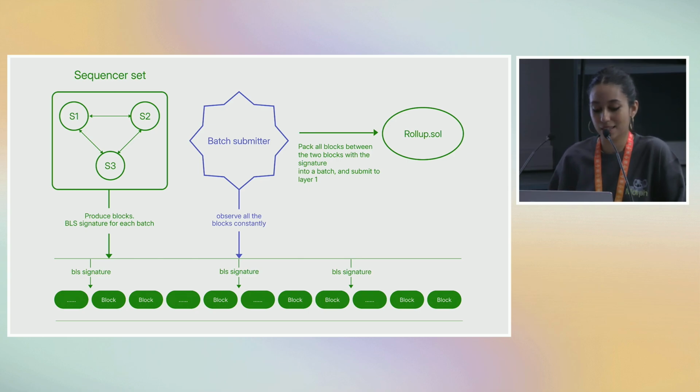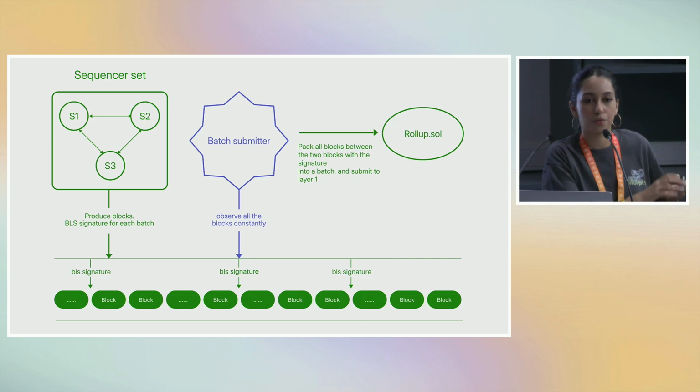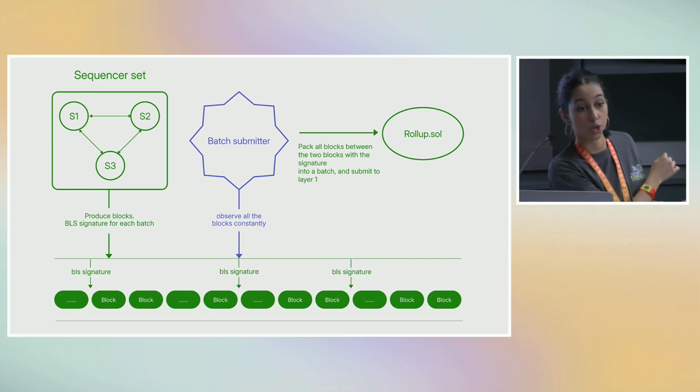By signing off on a batch of transactions and sending all of them to the roll-up smart contract, this process ensures that the network is more efficient, scalable, and also accommodates all of the transactions in a secure way, because they're validating all of them on layer 1.